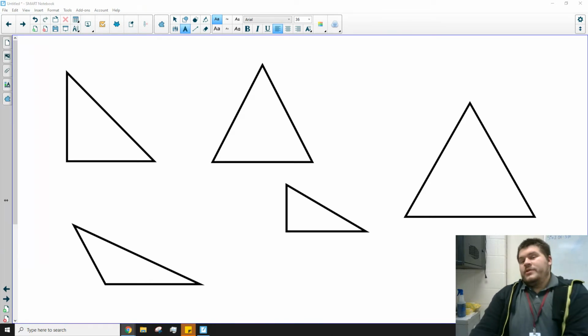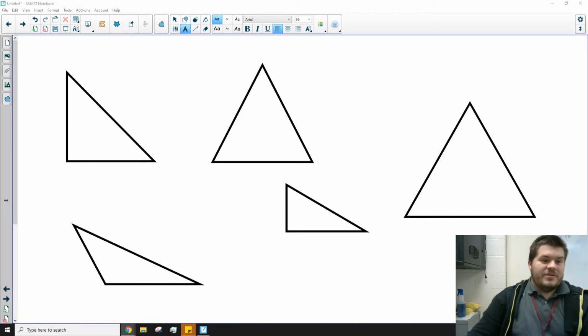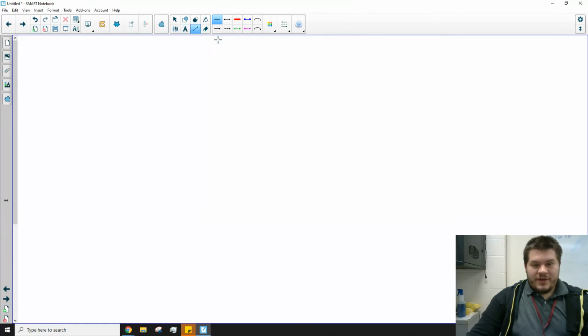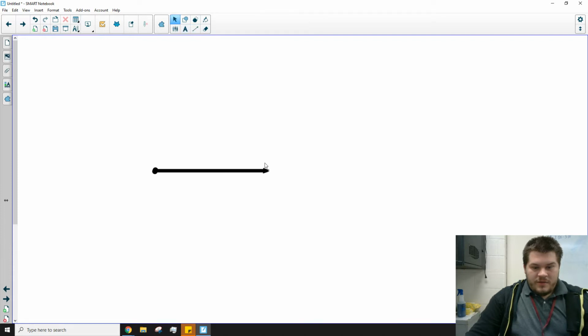Now, if you remember a while back when we talked about angles, we said that an angle is just a degree of rotation. So basically, a degree of rotation is just how far things turn.